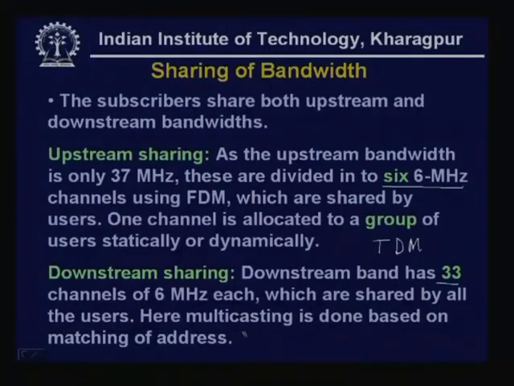The signal is coming from the network, maybe through optical fiber cable, then it is distributed over a large number of users, and based on the address the signal is diverted and multicasting is used. So, multicasting is done based on matching of address. The different channels go to different users based on the address, because each user is provided with an address whenever he gets the HFC service.